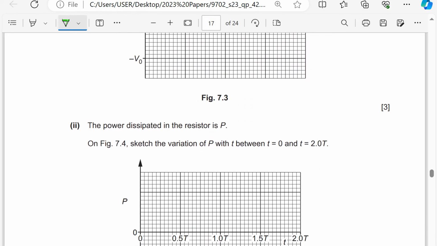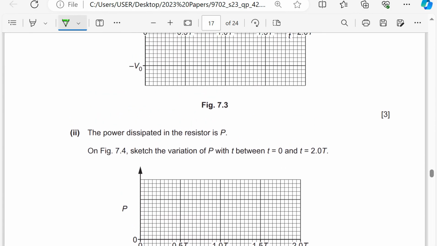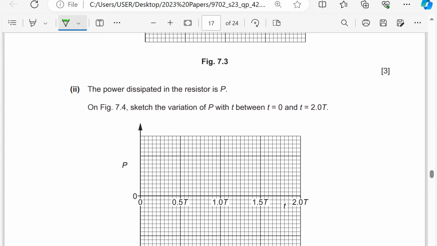the power dissipated in the resistor is P. On the figure, sketch the variation of P. Of course, power will never become negative. So the graph is going to be exactly the same as the one we have just done. Because power is always positive, so I'll just sketch almost the same graph.